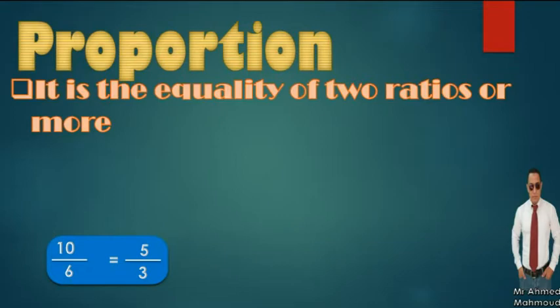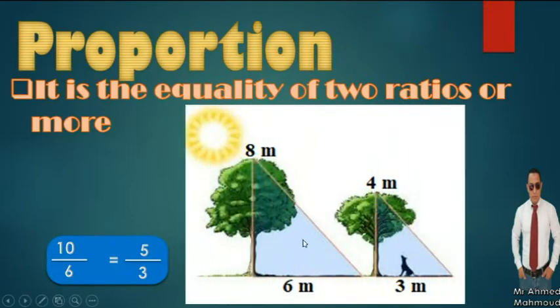Another example for proportional pictures. Now we have two trees. By looking carefully at the two trees, you will find a harmonic between one tree and its shadow and the other tree and its shadow.